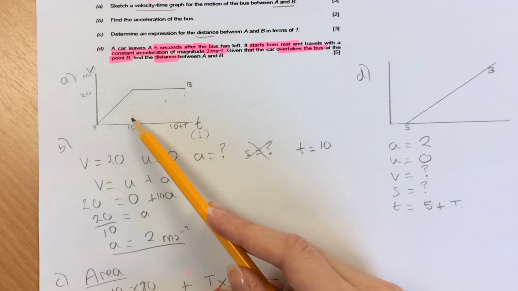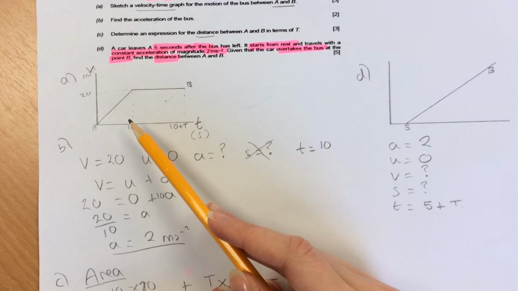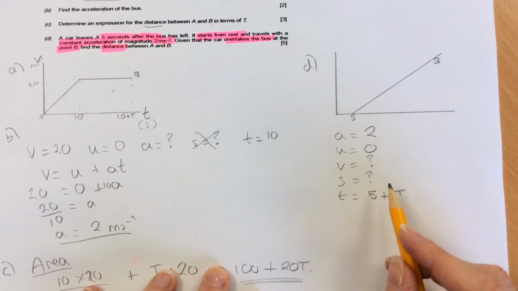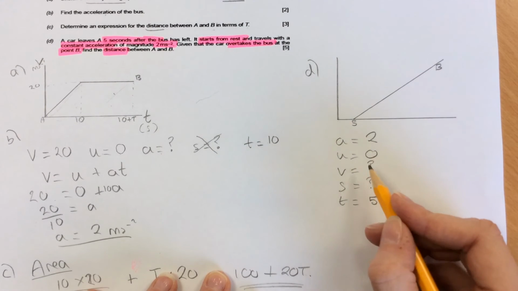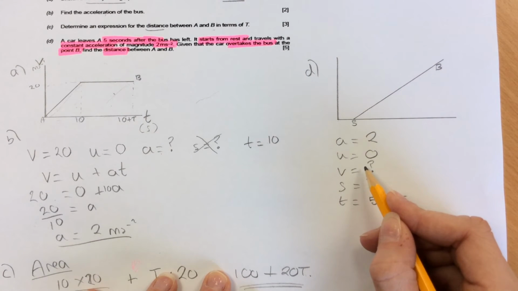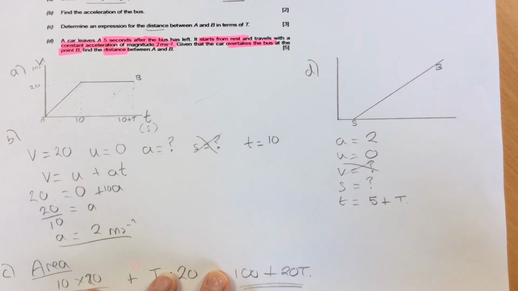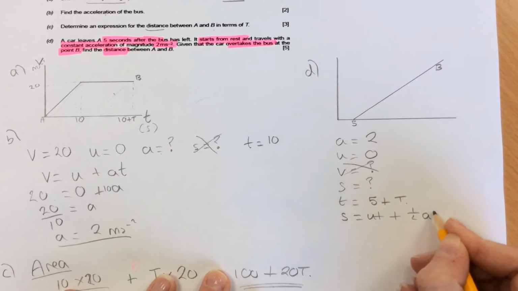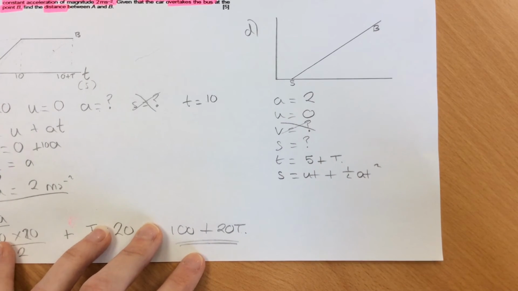So it takes it 5 seconds less than it does on this graph here. Okay, so looking at this, we need to find out what t is, but we don't have v. So we can't use the v one, so we're going to use s equals ut plus a half at squared.